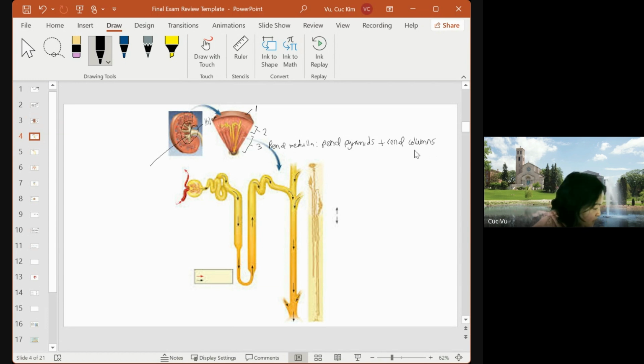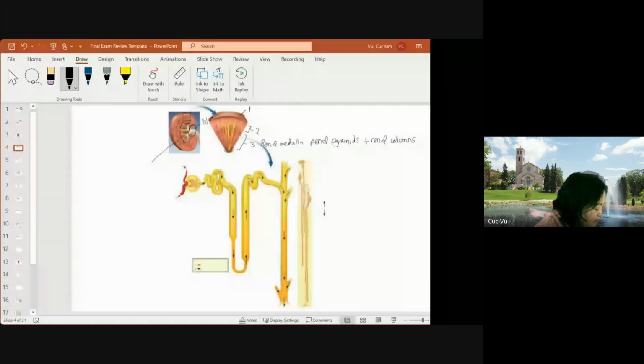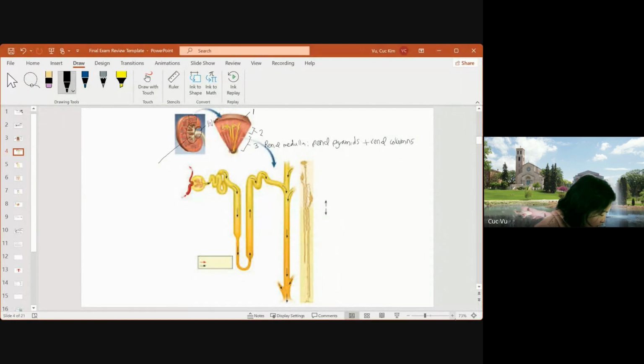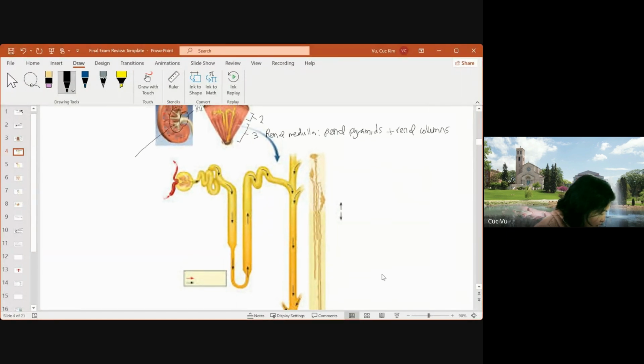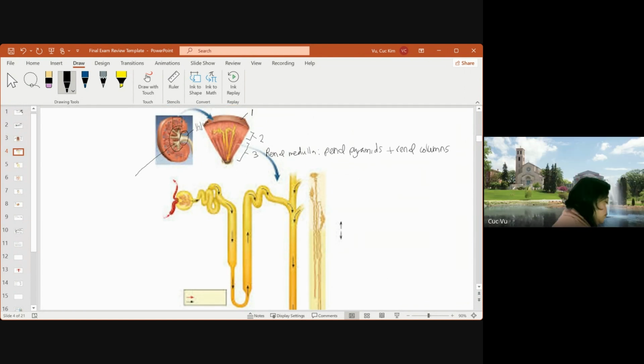It's really small, isn't it? Let me see if I can zoom in. Does that help at all? These would be the calyxes. You have the minor calyxes, and then you have the major calyxes.